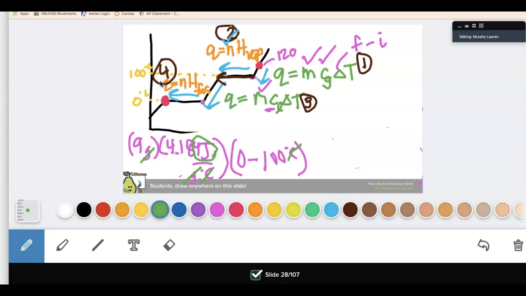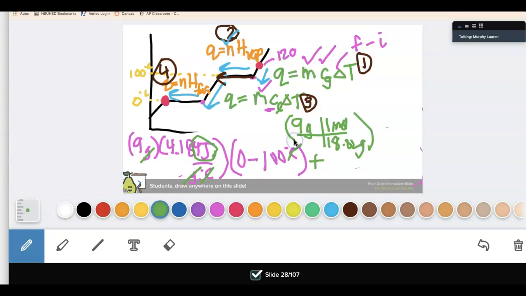Plus this equation. Let's see. Moles, again. So, I'm going to maybe do this up here so I can have more space than I had last time. 9 grams of water divided by 18.02 grams per 1 mole.